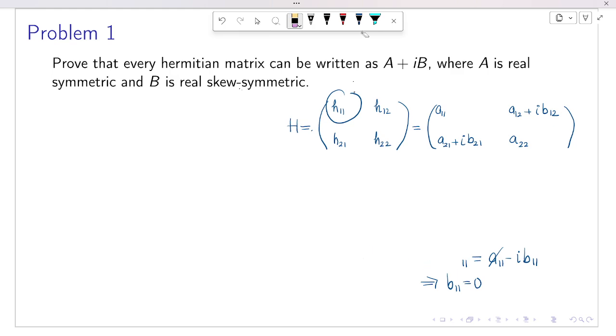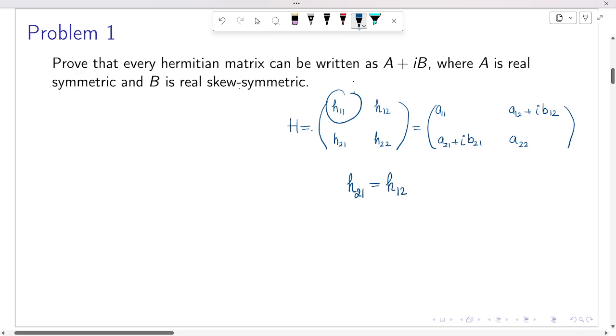Now, we also have that H21 is equal to H12 conjugate. That is A21 plus iota B21 is equal to A12 minus iota B12, and equating real and imaginary parts, what do we get?